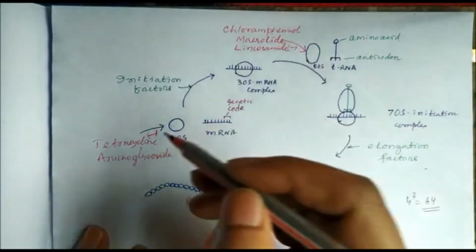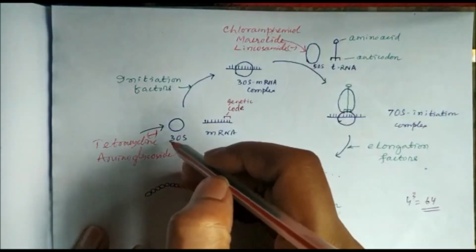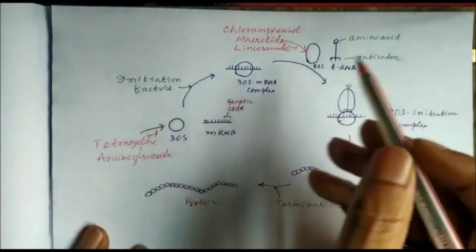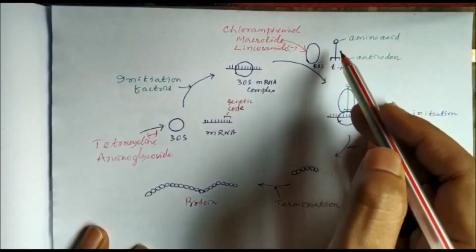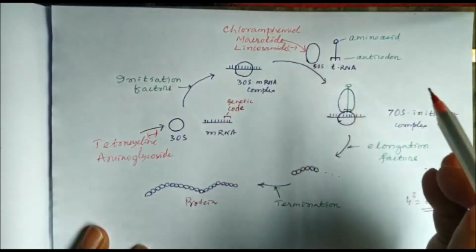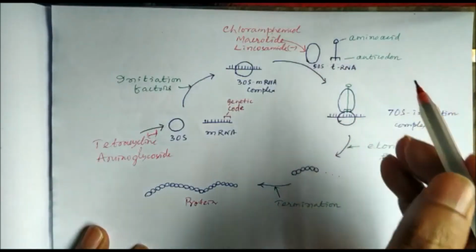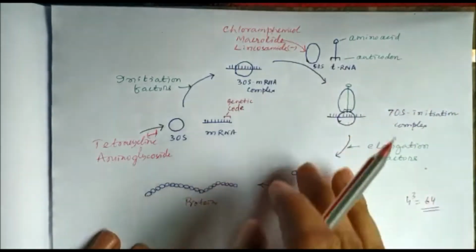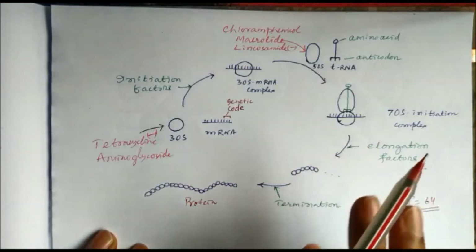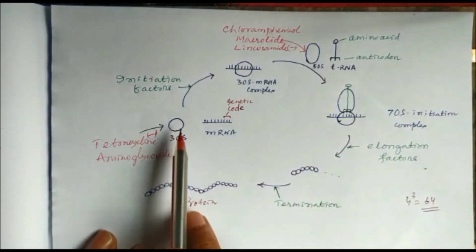The major mechanism of action is inhibition of the 30S subunit of the ribosome. In addition, it can also inhibit the transfer RNA binding to the 50S subunit, so that there will be inhibition of the translation process. So overall, we can say tetracyclines inhibit protein synthesis by inhibiting the 30S subunit of the ribosome.